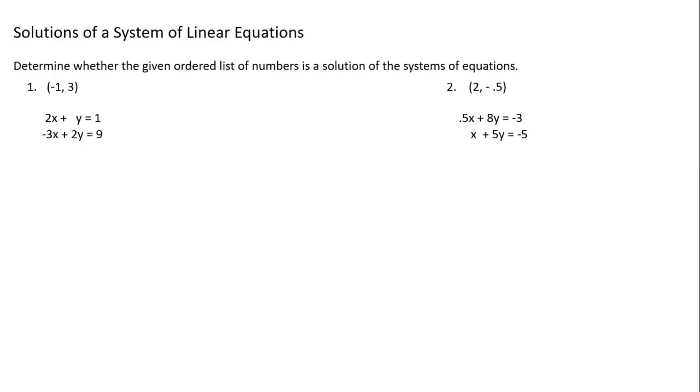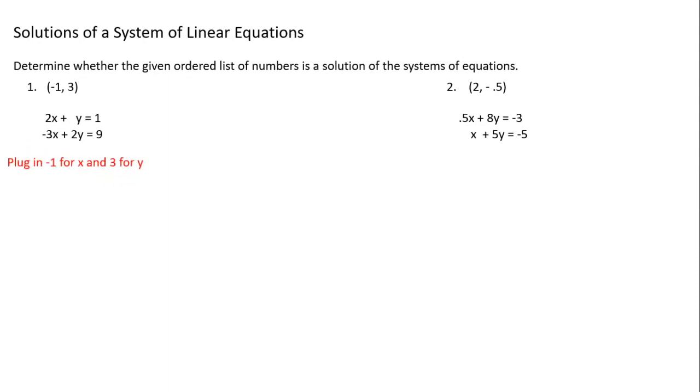So for problem number one, we want to test the point negative 1, 3. Is this point a solution for these two lines? For it to be a solution, it has to satisfy both lines, meaning I have to have a true statement for both. So let's get started.